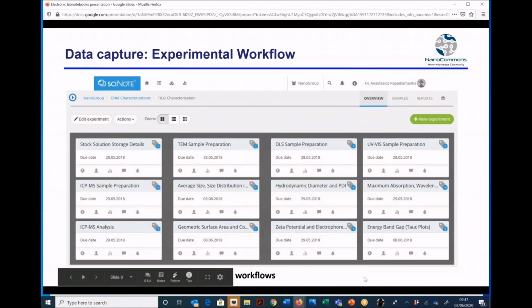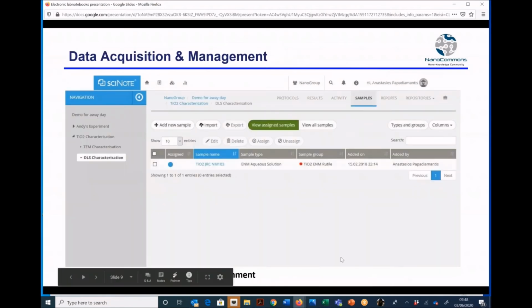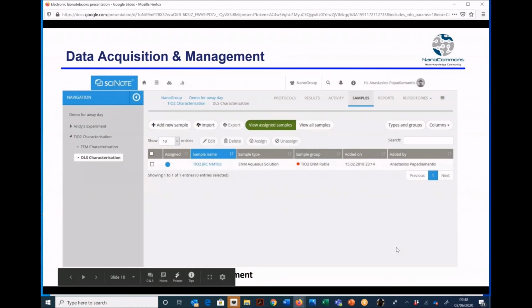So you can have multiple branches from your Excel sheets, etc.